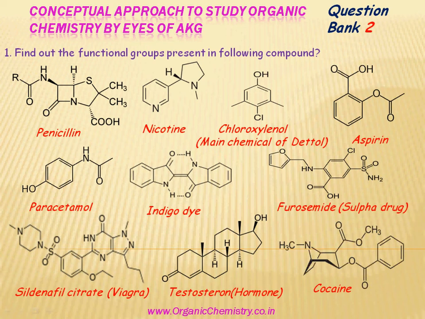In case of cocaine, this particular nitrogen is a part of a bicyclic ring in which nitrogen is attached to 3 carbons. It is tertiary amine. CCOOC, this part is ester. Here again CCOOC, this part is again ester group. So these are the functional groups present in these compounds.